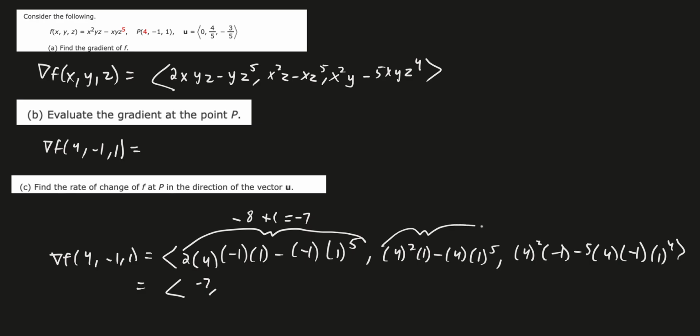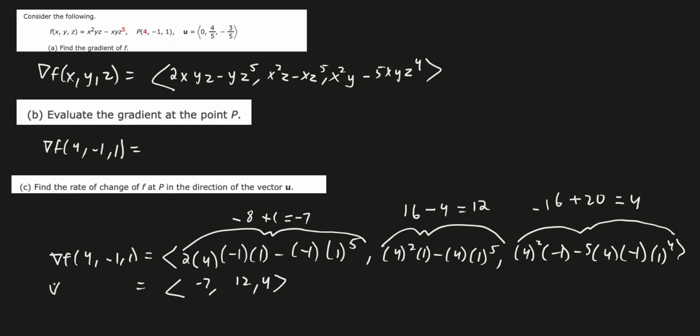This is 16 minus 4, which is 12. And then this is minus 16 plus 20, I think. Yes, that's correct, which is positive 4. So this is our answer as our gradient at 4, negative 1, 1: negative 7, 12, 4.